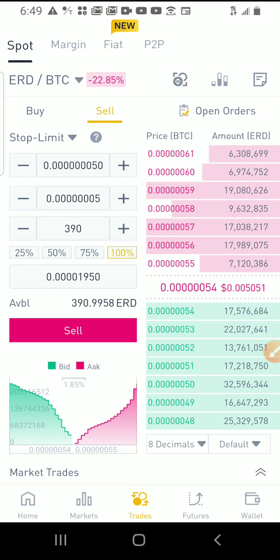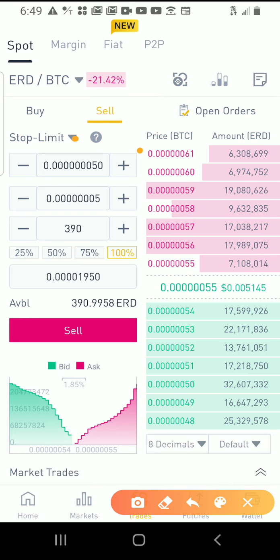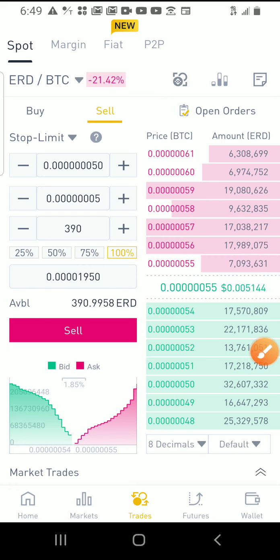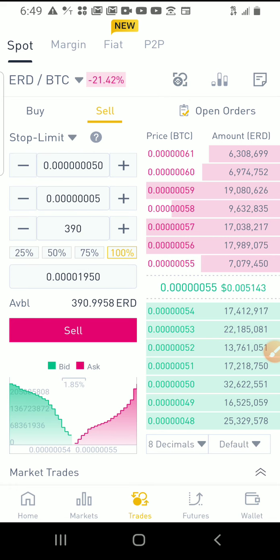What we are going to do is click on this place, stop limit. Click on stop limit, select stop limit. You might also see limit order, or select stop limit.